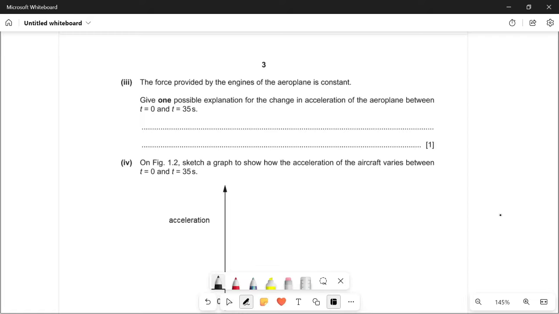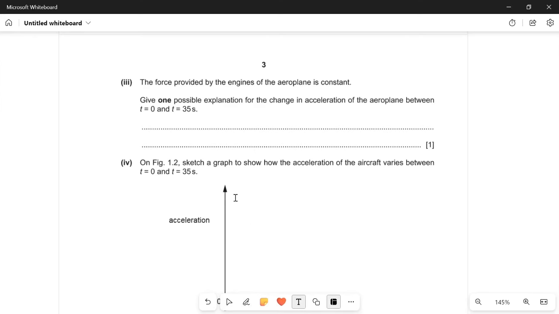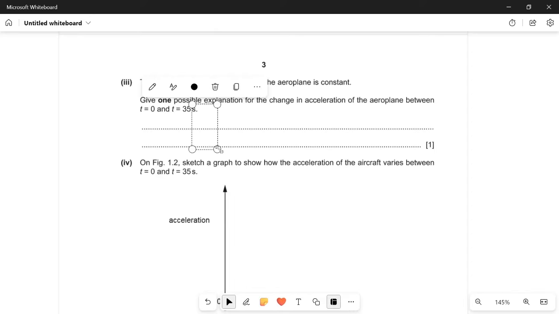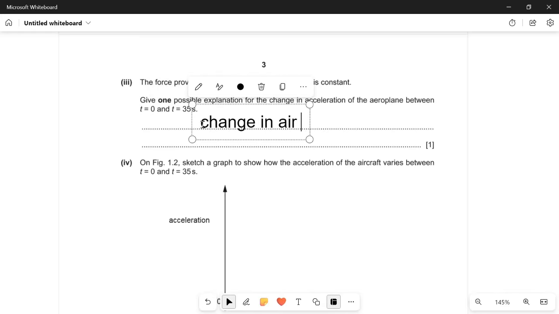But if the air resistance increases, the speed of the plane decreases. So either way, the air resistance affects the speed, which also affects the acceleration. So the answer is change in air resistance.